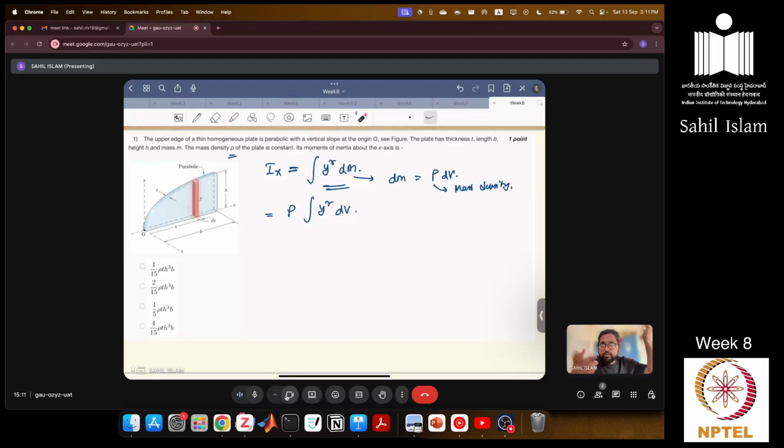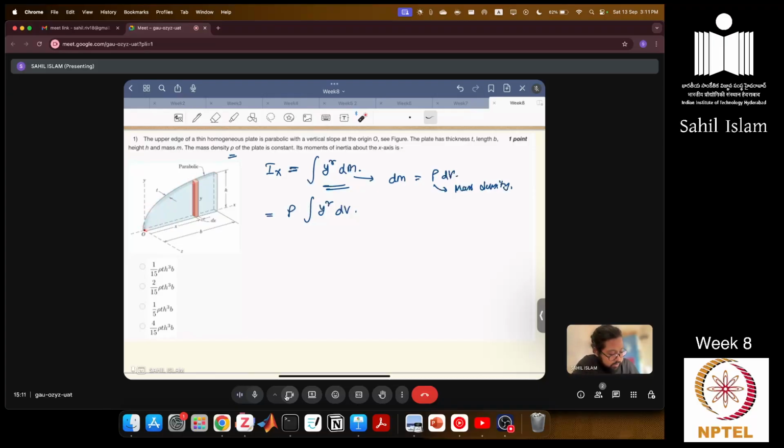Now if you look at this small mass element, it is like a rectangular prism, a parallelepiped, a long elongated cube kind of structure. So how can we express this dv? Along the z direction the thickness does not change, it is homogeneously thick.